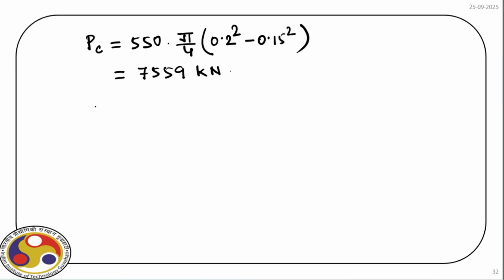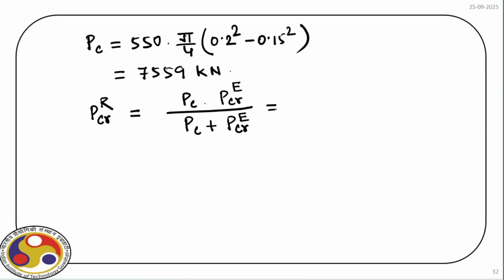Okay. Now we can evaluate P critical Rankine, which is PC times P critical Euler divided by PC plus P critical Euler.